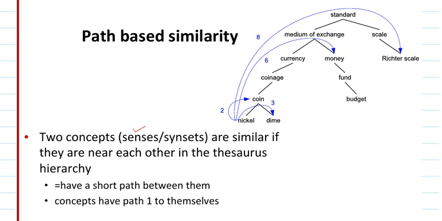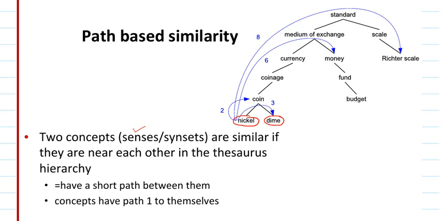So the two concepts or the two senses are similar if they are near each other in the thesaurus hierarchy. So in this path based hierarchy or hypernym hierarchy, suppose nickel and dime are two senses of the word coin.